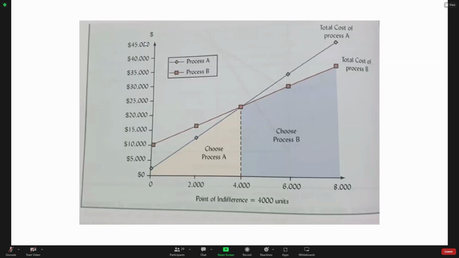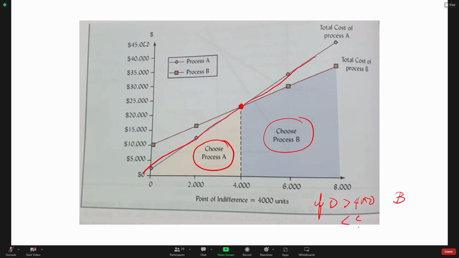If your point of indifference, ang trend niya is pababa, you choose process A. Kung ang trend niya is pataas, greater than 4,000, you choose process B. So, ang sagot, if the demand is greater than 4,000, choose process B. If the demand is less than 4,000, choose process A. Ayun lang yung sagot.